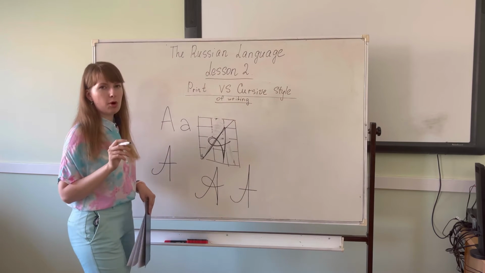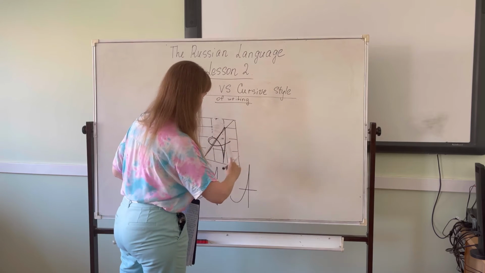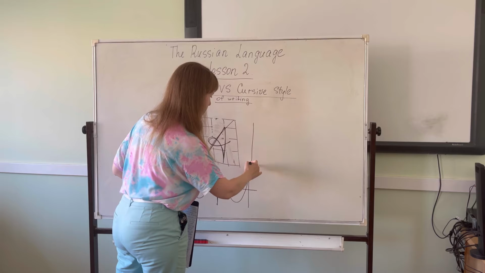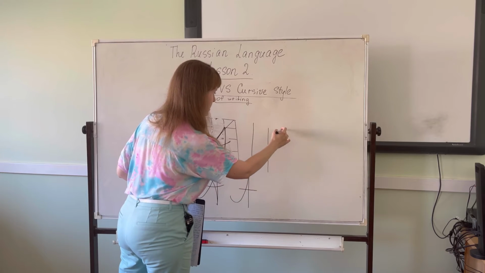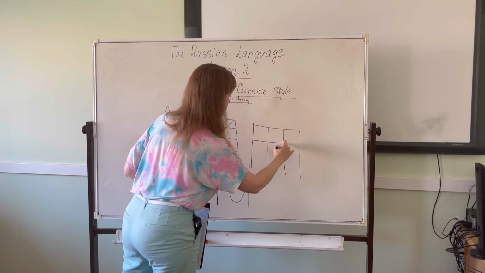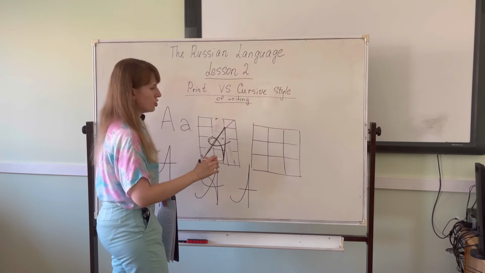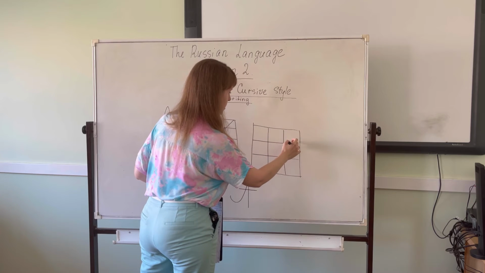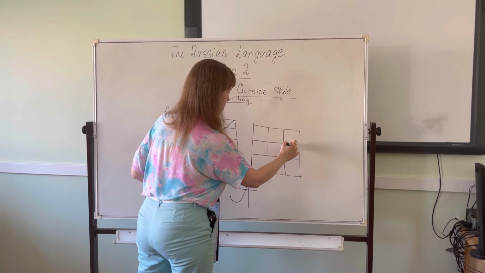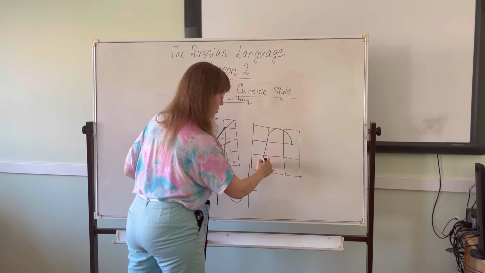Okay, and as for the lowercase cursive R, let me show it to you. Again, please try to use this graph grid paper in order to keep the same shape and form. Okay, I will start from this point. For example, it will be like this.